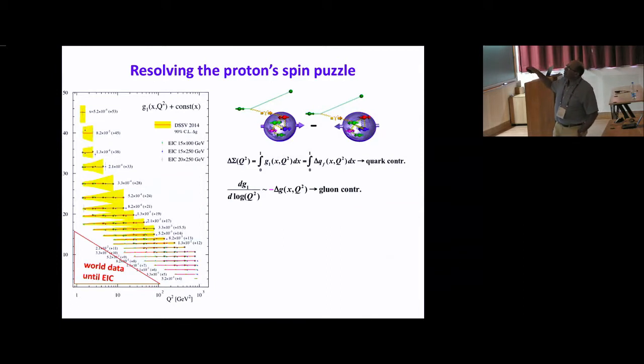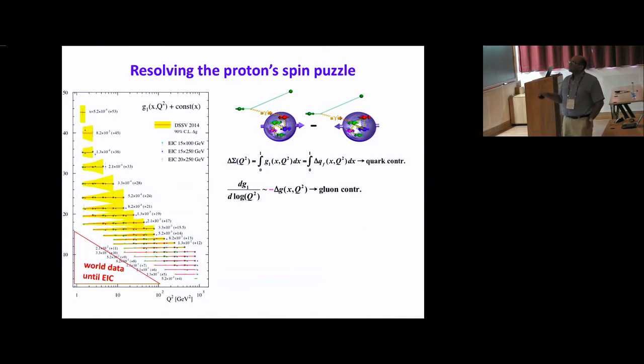If you have longitudinally polarized photons and longitudinally polarized protons, then the helicity distribution can be taken by flipping one relative to the other. So it's a difference between the proton being aligned along the helicity of the photon or vice versa. And from that, you can extract this object called G1.